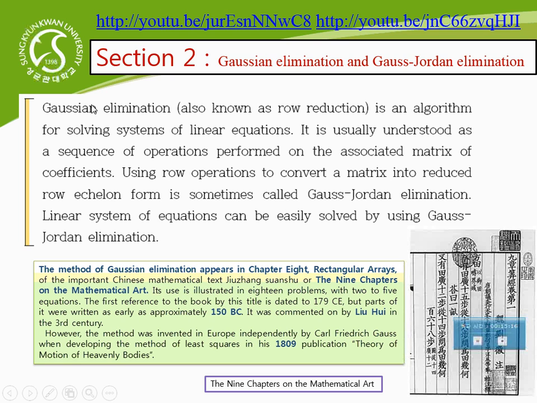Next, Gaussian elimination. This is a new thing. This is the first new thing for you in this chapter. Gaussian elimination appeared in the 구장산술 long ago, and Karl Gauss published a paper using this Gaussian elimination in 1809 in the theory of motion of heavenly bodies. 이제 천체 관측하면서 혜성이 들어가는 궤도를 측정하기 위해서 많은 연립방정식이 필요했는데 그걸 풀면서 그걸 손으로 풀기가 힘드니까 이런 방법을 찾아서 한 게 Gaussian elimination이에요.